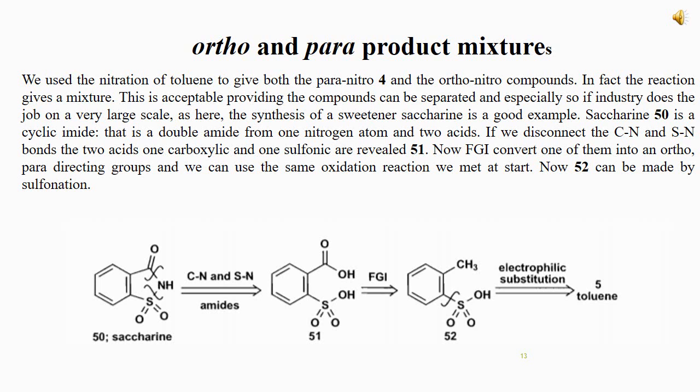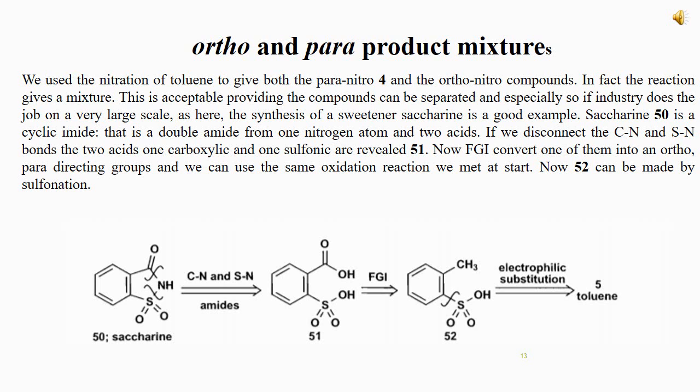So what did we do? FGI. Then we produced the carboxylic group on the aromatic ring by the oxidation of methyl. So we can take toluene.